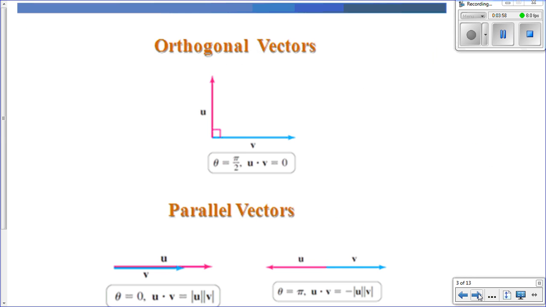Now let's look at the definition of the dot product. We have u dot v is the magnitude of u times the magnitude of v times cosine of the angle between the two vectors. Let's say that the angle between the two vectors is 90 degrees.